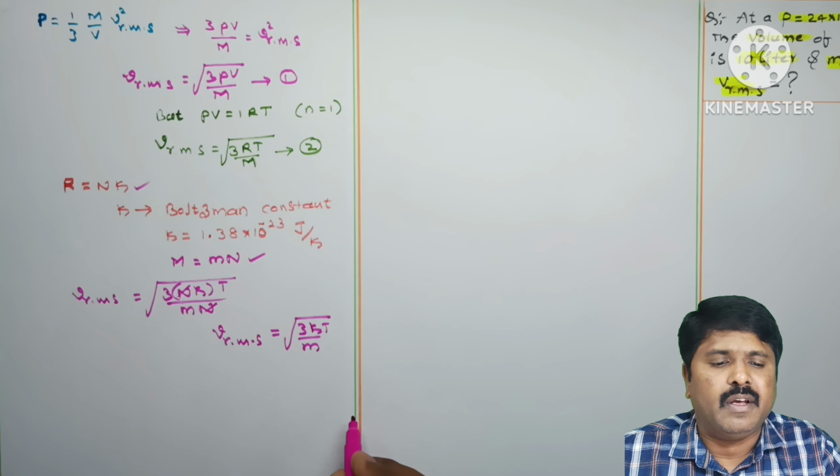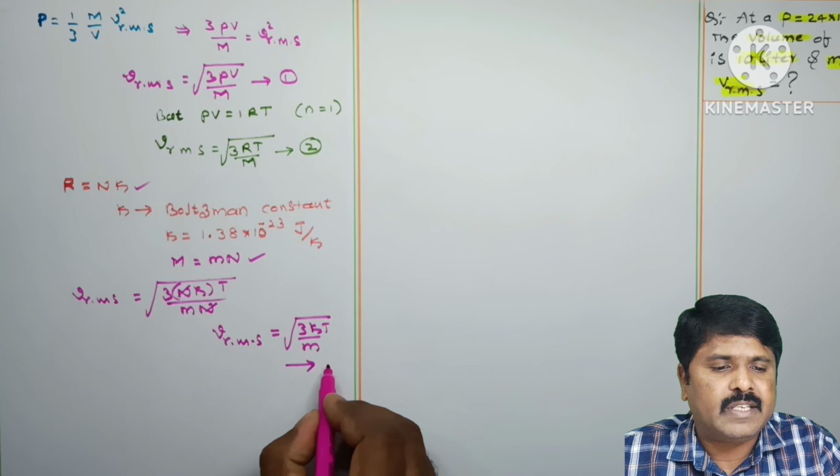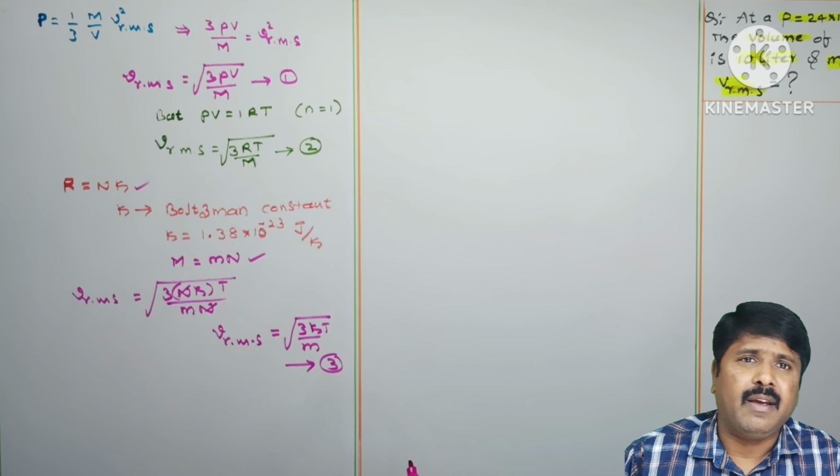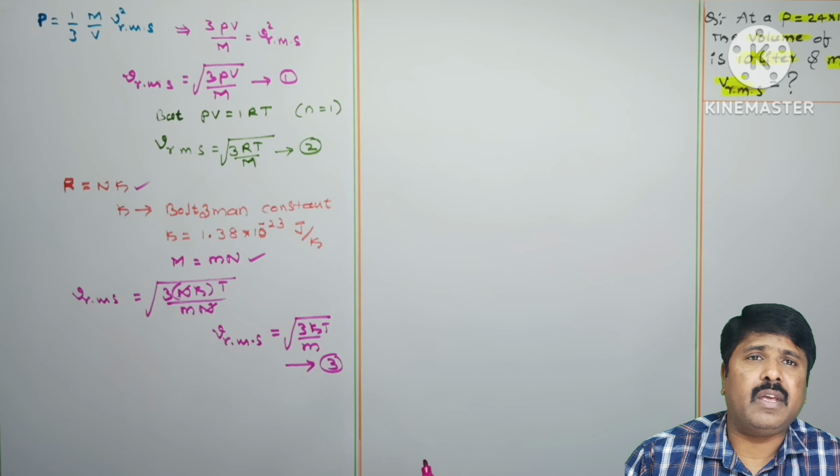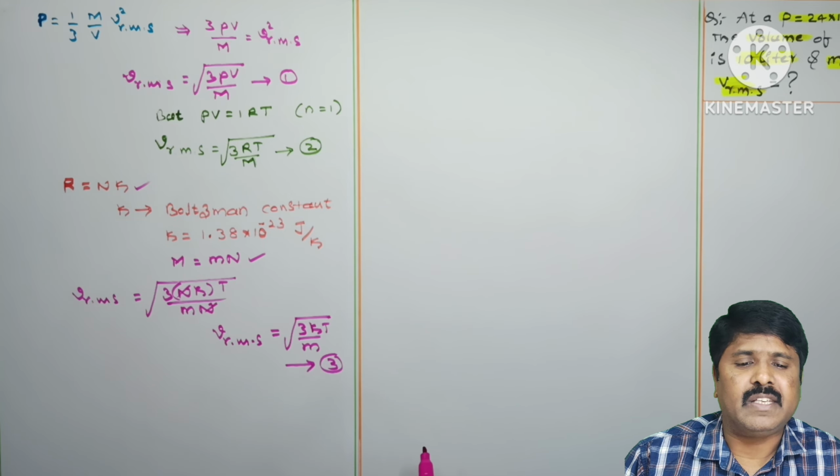This I can write as equation number 3. Clear information about the RMS velocity with mathematical proof, 3 equations I got, student.